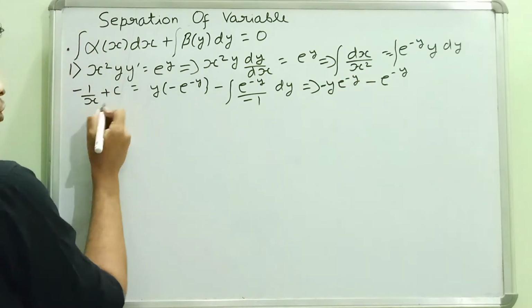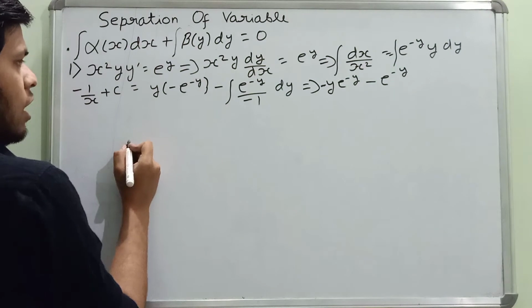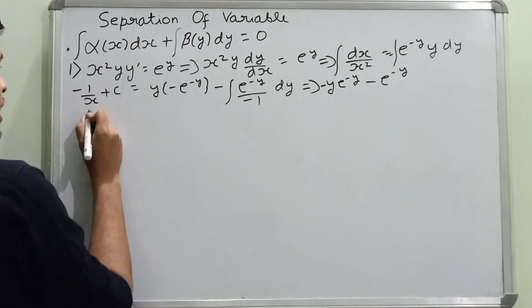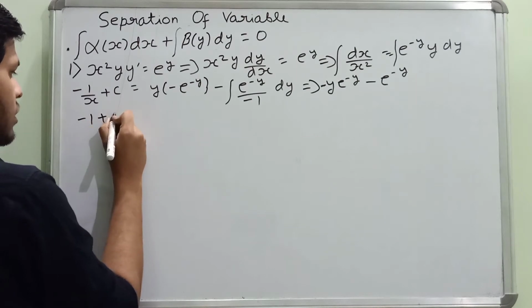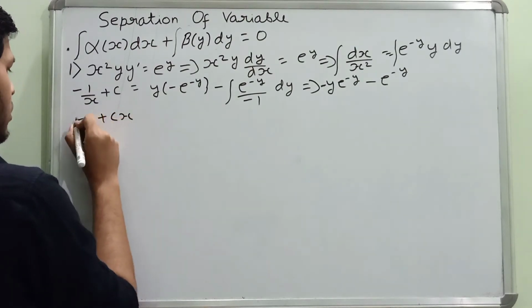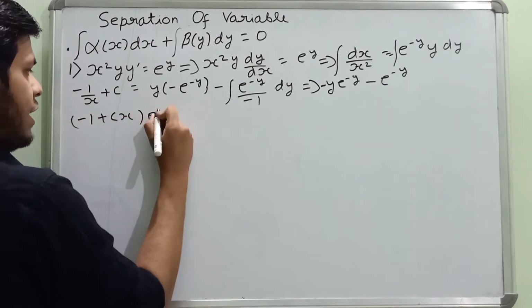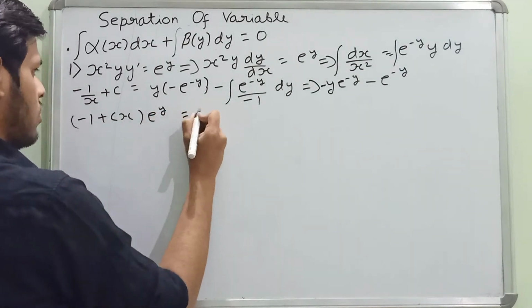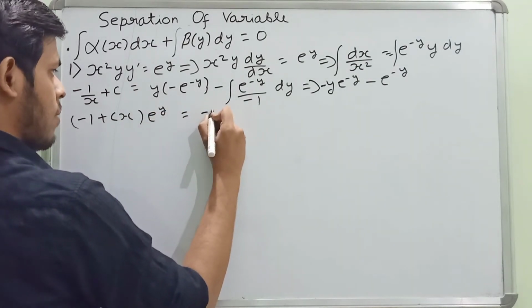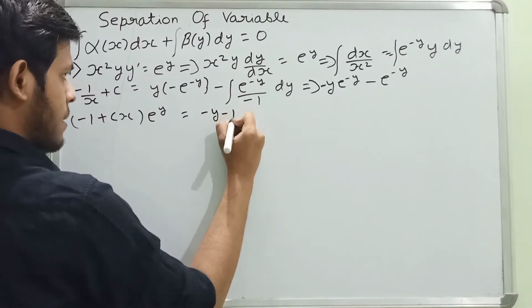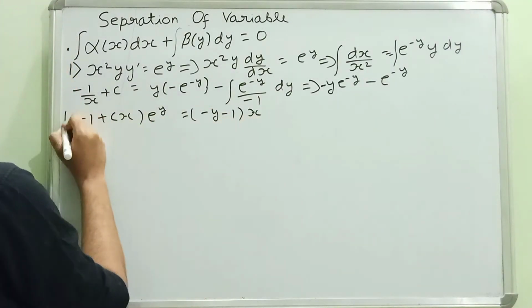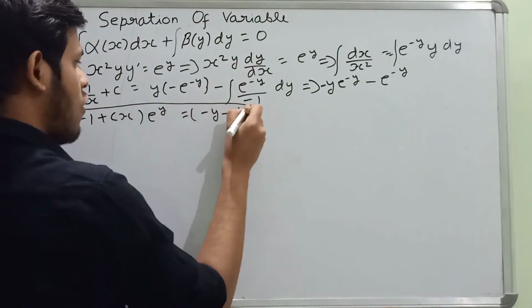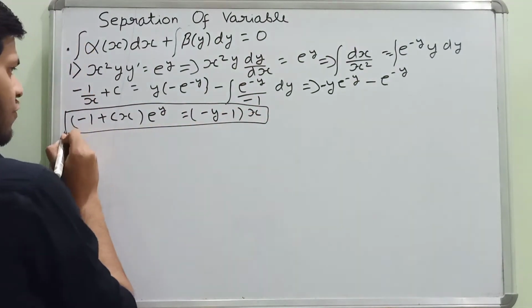Now when we solve it, the equation we will get will be minus 1 plus cx equals e to the power y into minus y minus 1 into x. So this will be our solution of this first order linear differential equation.